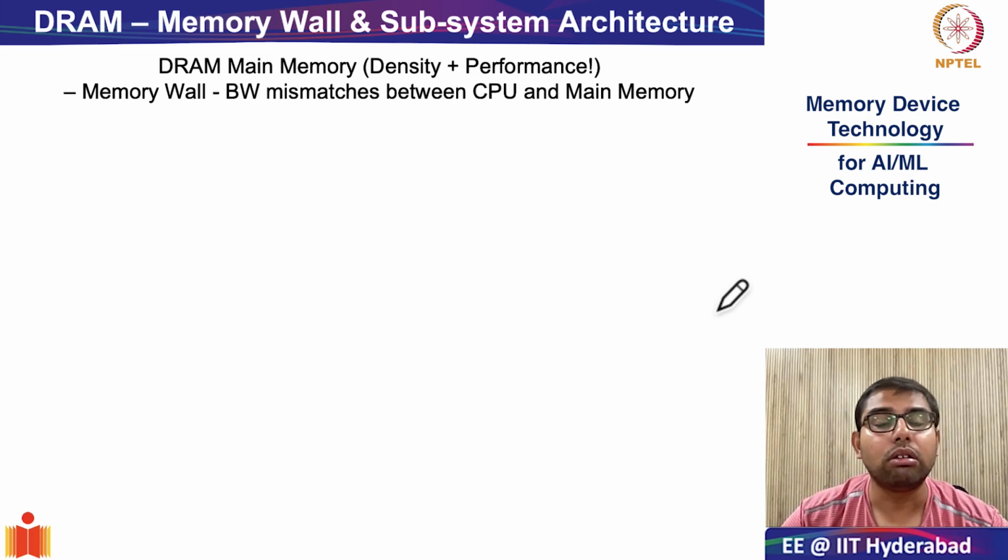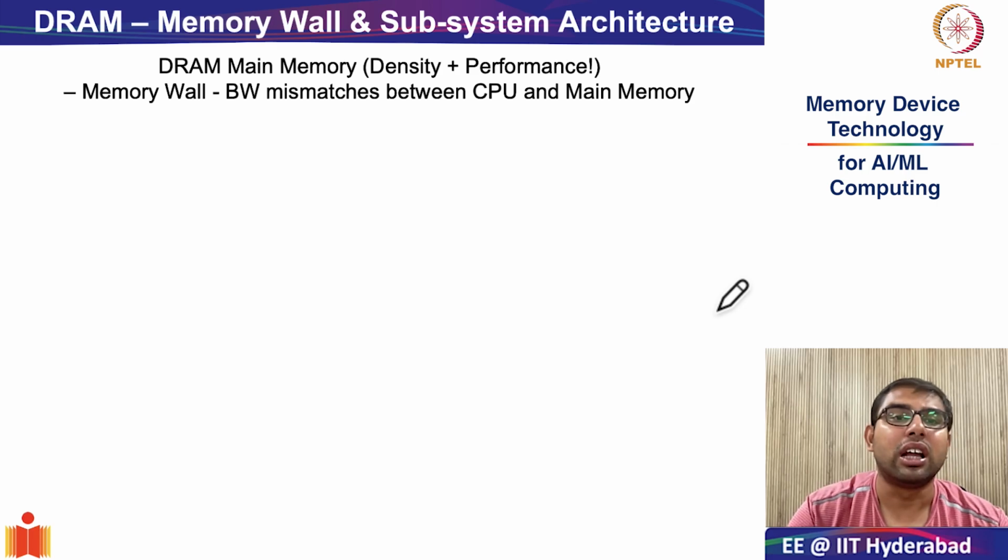However, we saw that intrinsically the DRAM cell and the DRAM subsystem has a performance limitation, and this limitation is growing when you compare it with the advances in CPU transistor technology.